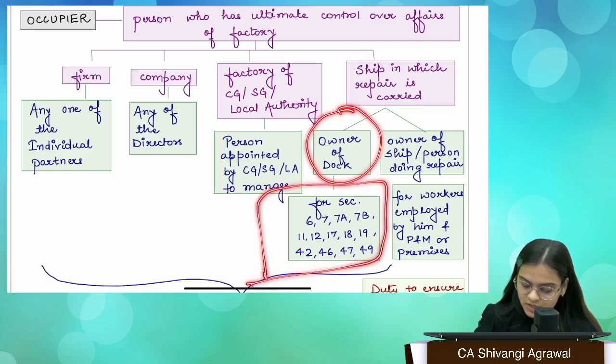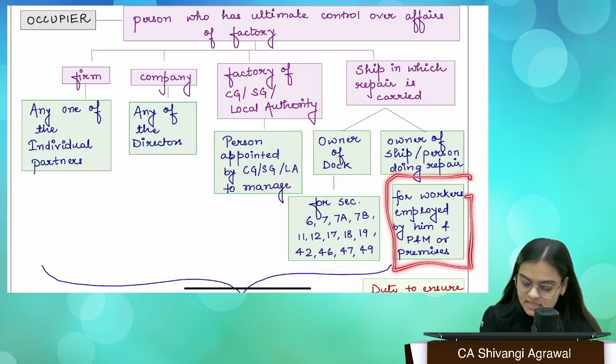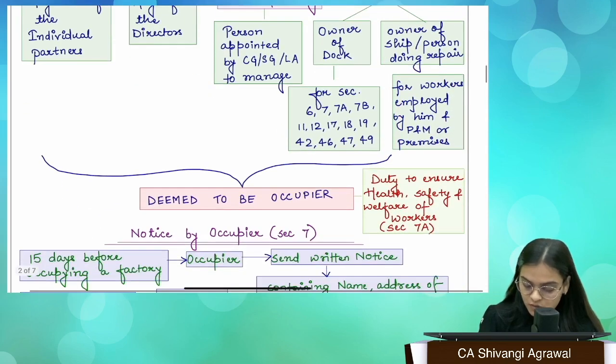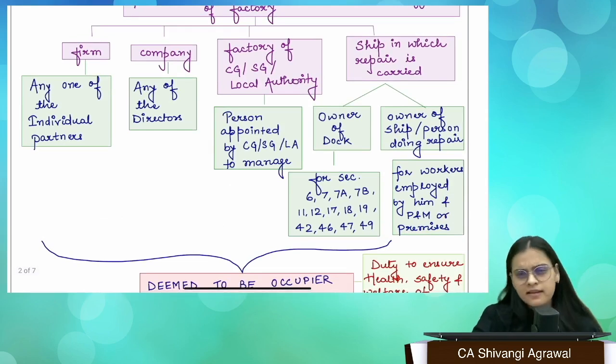For certain sections and certain purposes, we consider the owner of the dock to be the occupier, and in certain cases, we consider the owner of the ship to be the occupier for workers employed by him and the premises, plant and machinery. So they are deemed to be the occupier. I've explained this to you in detail in the class. I don't think it is needed here. So that is how you will remember the definition of occupier.